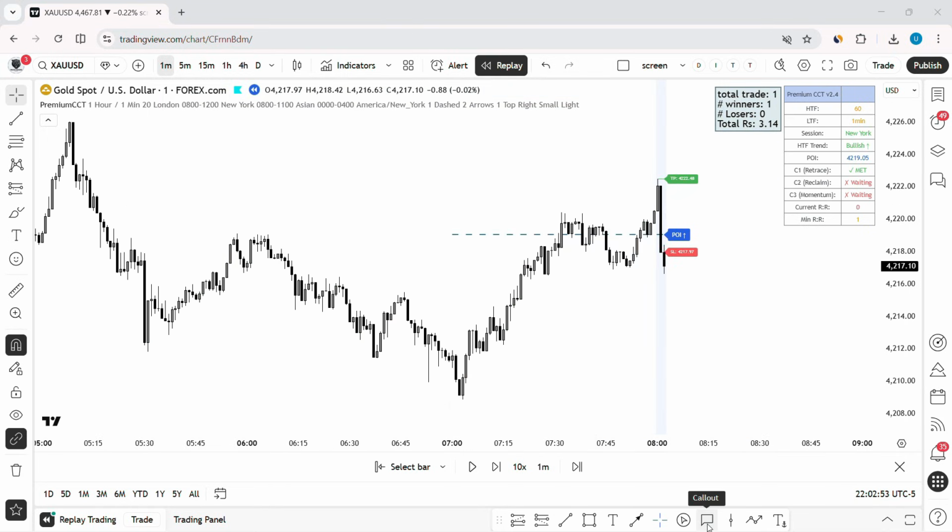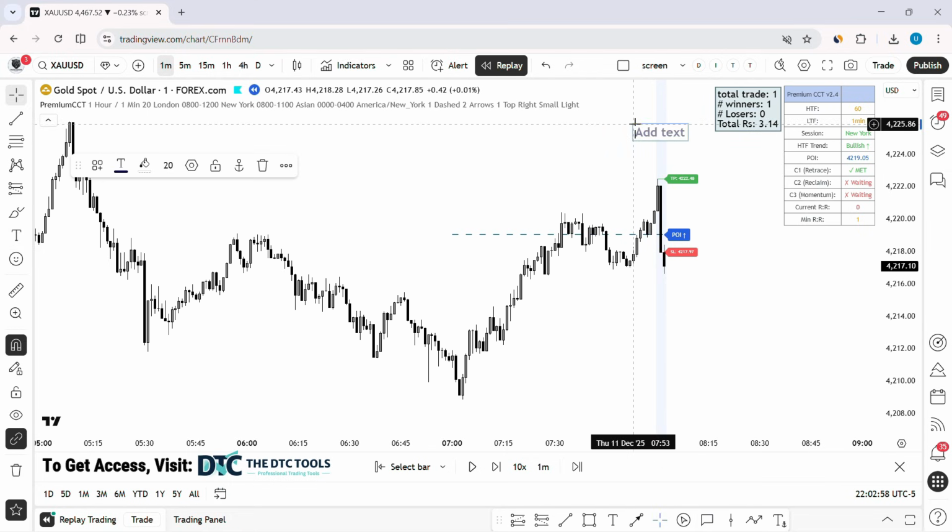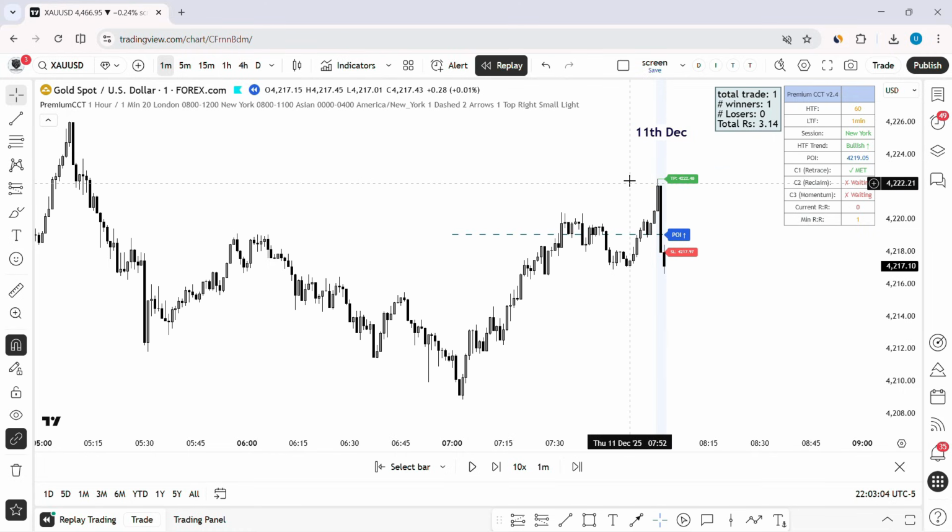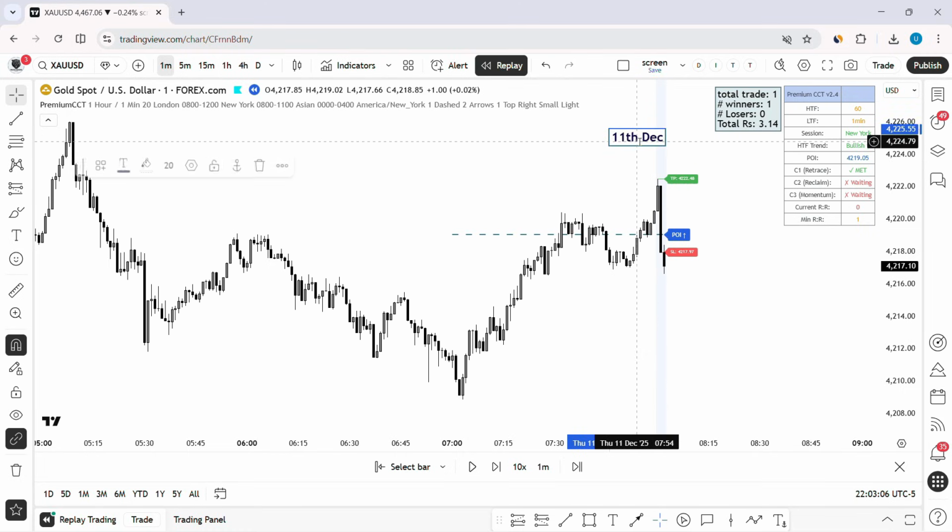As you can see, we are currently inside the New York session on 11th December. Let's continue and see if any trade forms during this New York session.